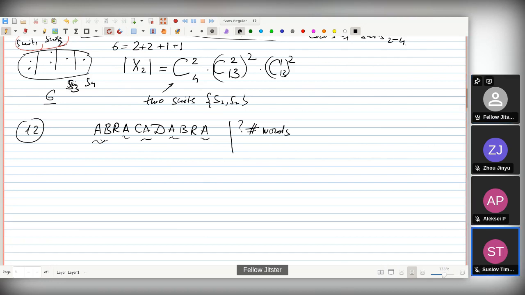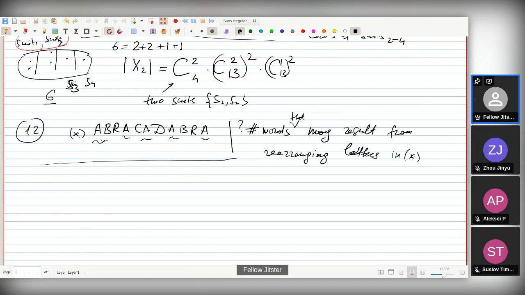Yes. And how many words can we obtain via rearranging letters here? What is the number of words that may result from rearranging letters in our word abracadabra?